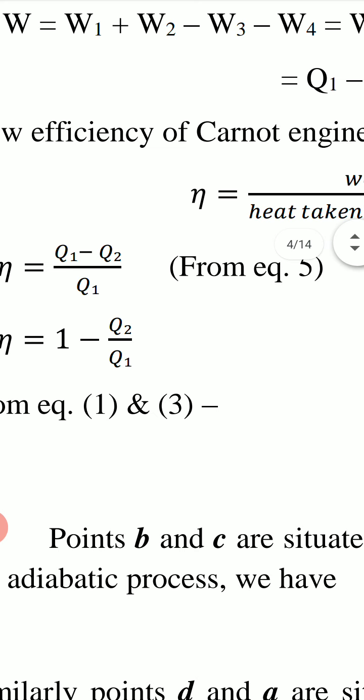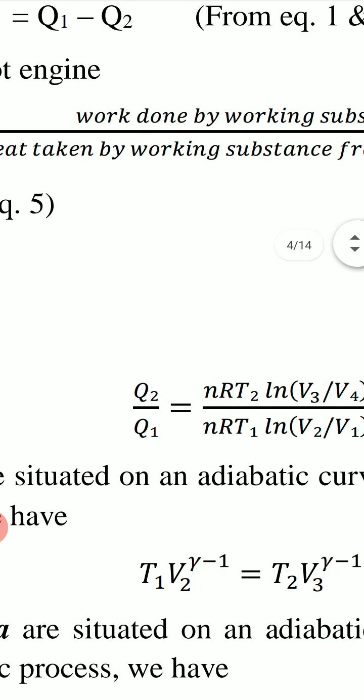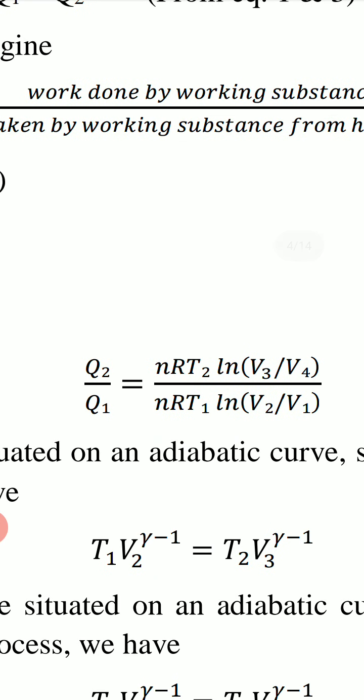If we put the values of Q1 and Q2, this ratio Q2 upon Q1 becomes nRT2 log V3 upon V4 upon nRT1 log V2 upon V1. And we can prove that the values of these logs, log V3 upon V4 and log V2 upon V1, are the same.